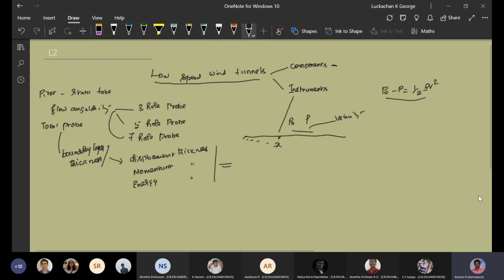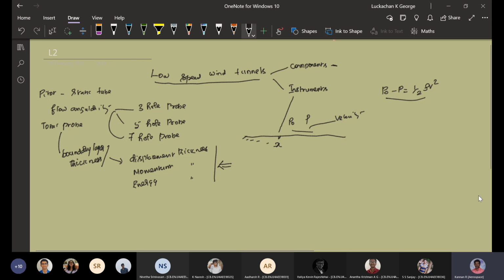One of your classmates explained it to me very clearly: displacement thickness means the mass flux loss, the deficit in mass flux, and likewise momentum and energy. We measure those things due to the boundary layer. Those things we have seen already.